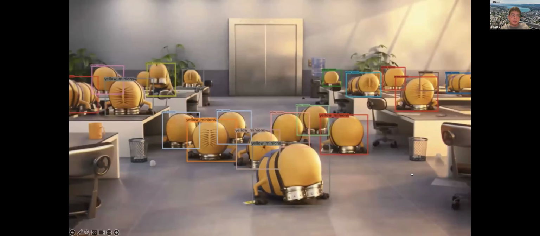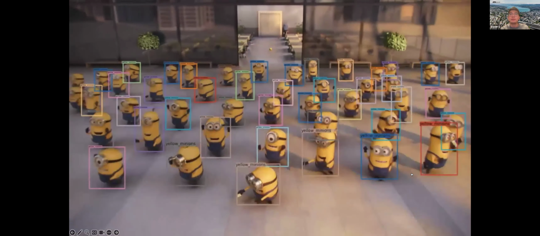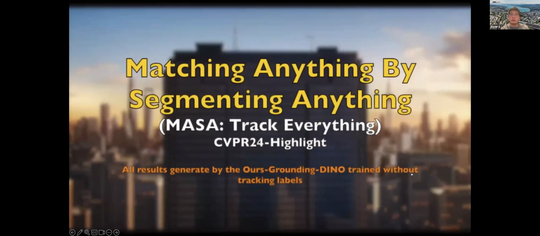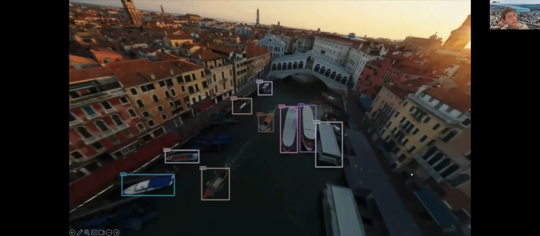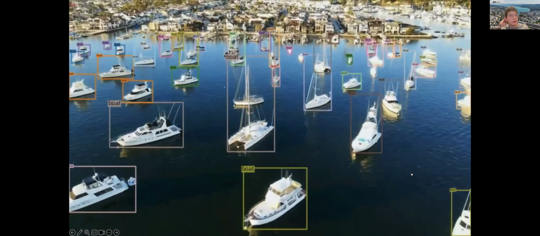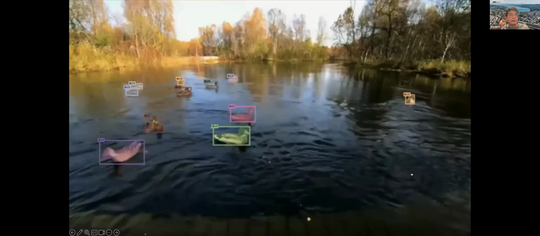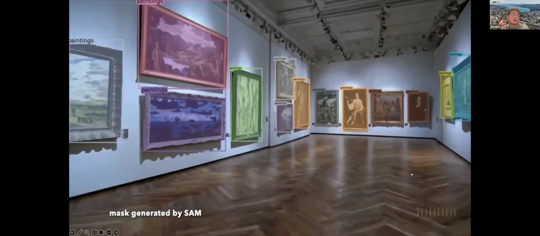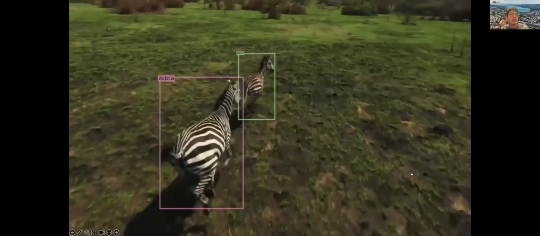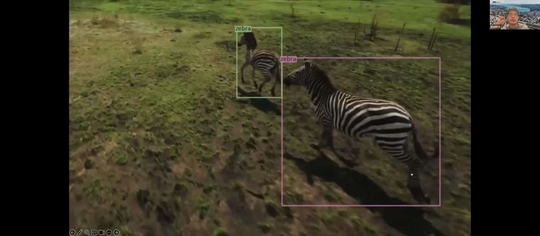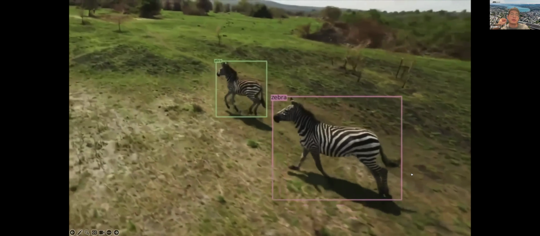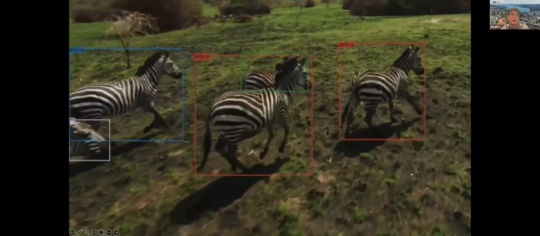So here are some qualitative results. Even trained with only raw images, I think it generalizes quite well to different shapes, like when your camera angle changes.